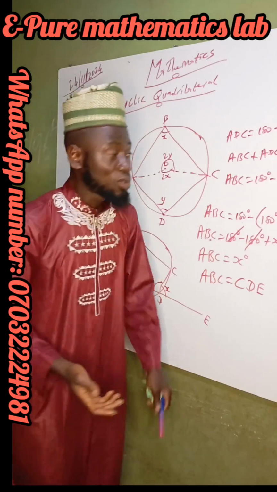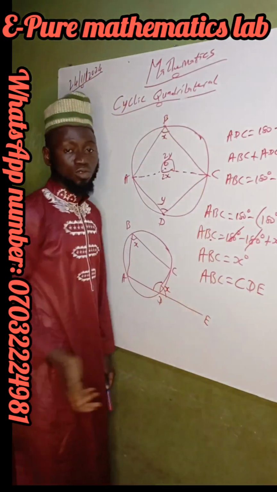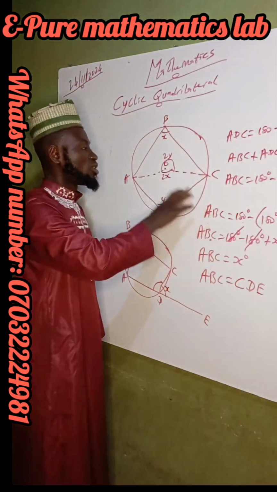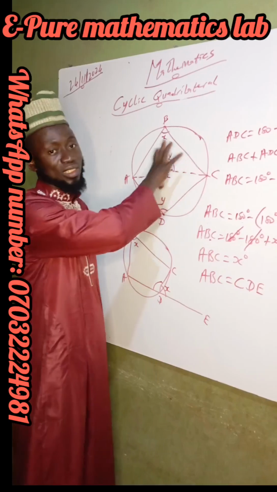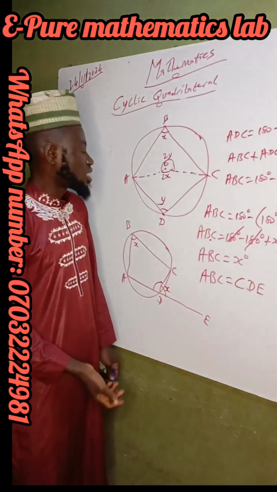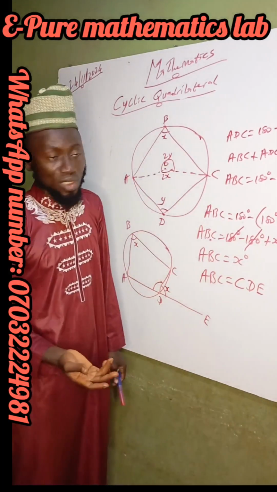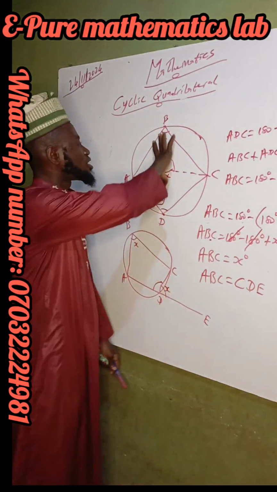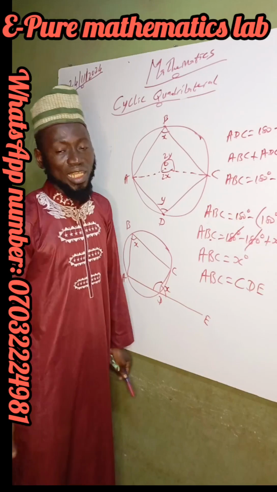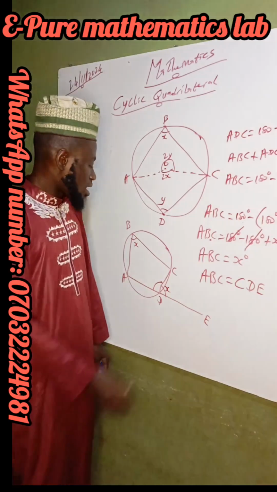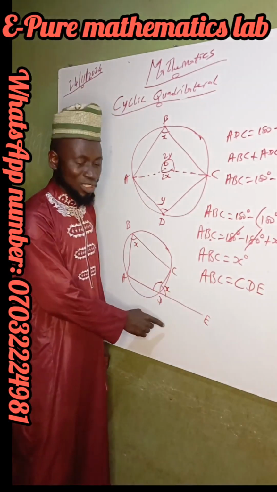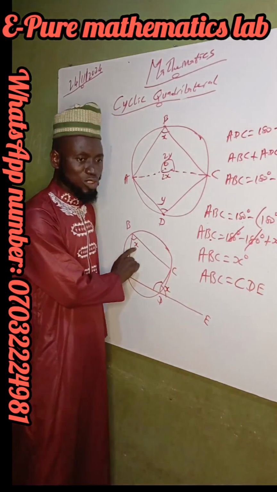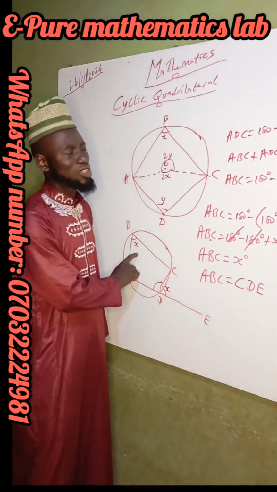Today, we talked about the cyclic quadrilateral. I've explained the meaning of a cyclic quadrilateral. That is a quadrilateral that has all four vertices on the circumference of a circle. And we've talked about the theorem that the opposite angles of a cyclic quadrilateral are supplementary. And we've talked about how the exterior angle of a cyclic quadrilateral is equal to the opposite interior angle.